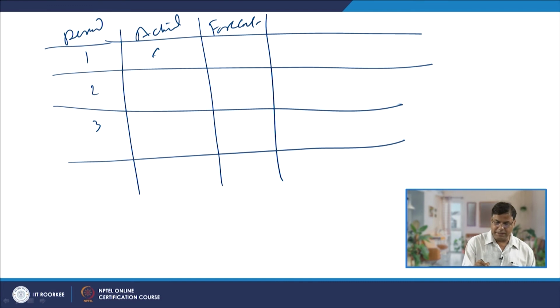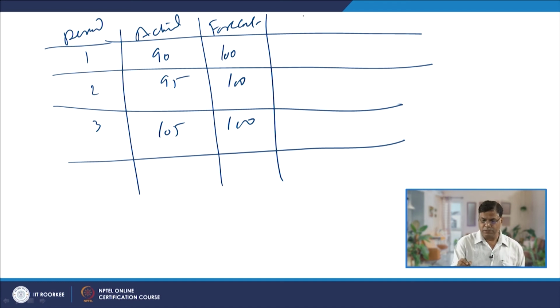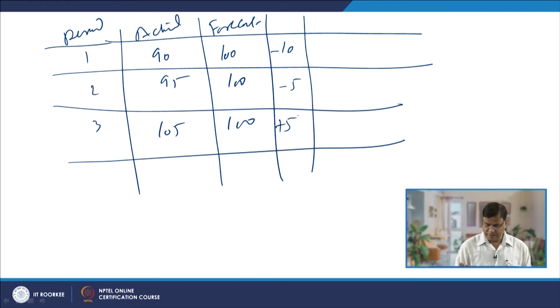The actual data is 90, 95 and 105, and say the forecast is 100 in all these 3 cases. The forecast error is actual minus forecast. So, here it is minus 10, minus 5 and plus 5. This is the forecast error.